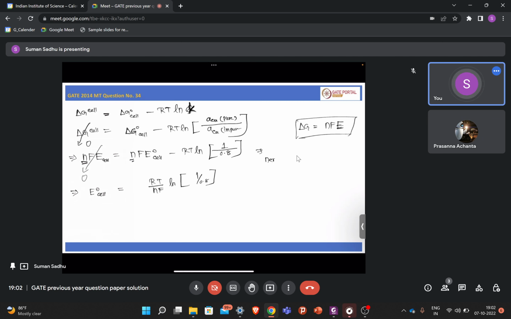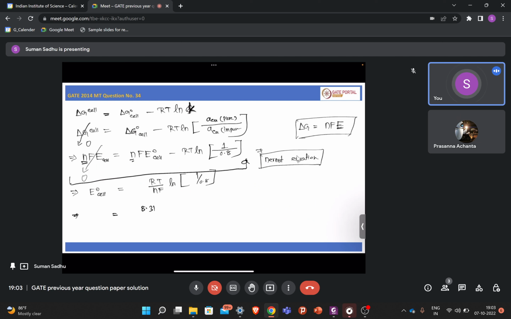Have you heard about it? Yes, sir. So this is the Nernst equation. If you know the equation, you can calculate directly from it. You don't need to write all these things. Now all the values are given to us.